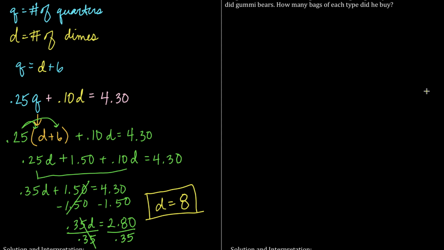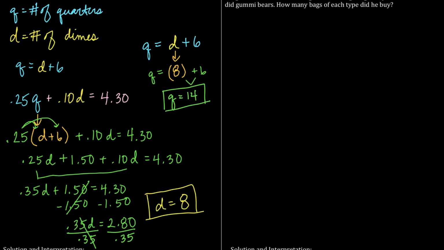I'm going to put it here because it's easier. Q equals 8 plus 6. Q equals 14.